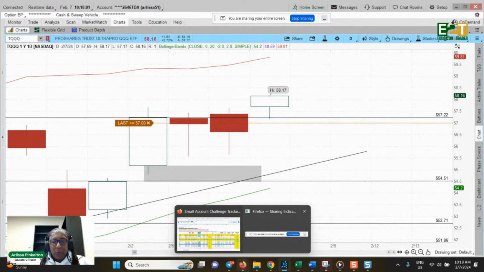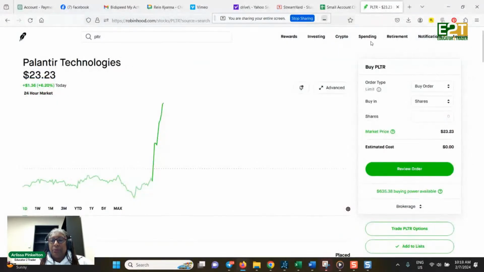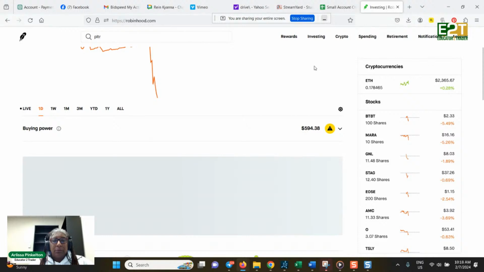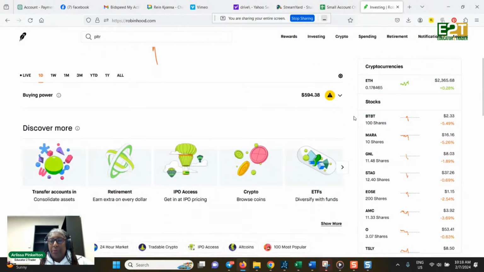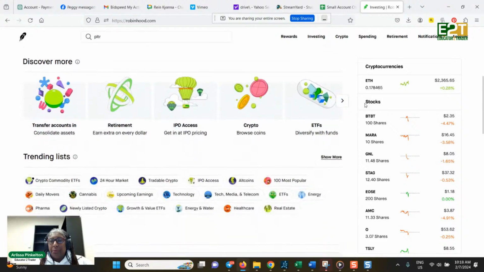Okay, let's go see if those trades over in Robinhood picked up. Well, what are y'all doing? They're not doing. Oh, maybe they were. Let me go back and see. There they go. They're still pending. Robinhood is running slow.